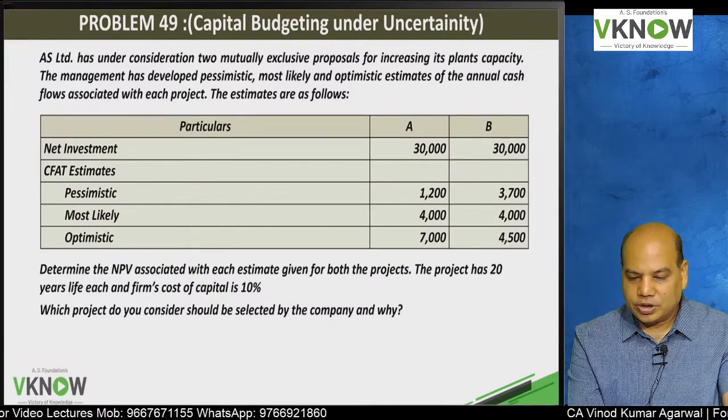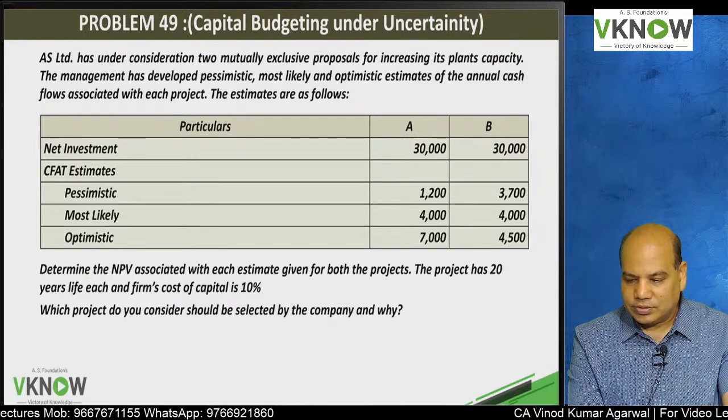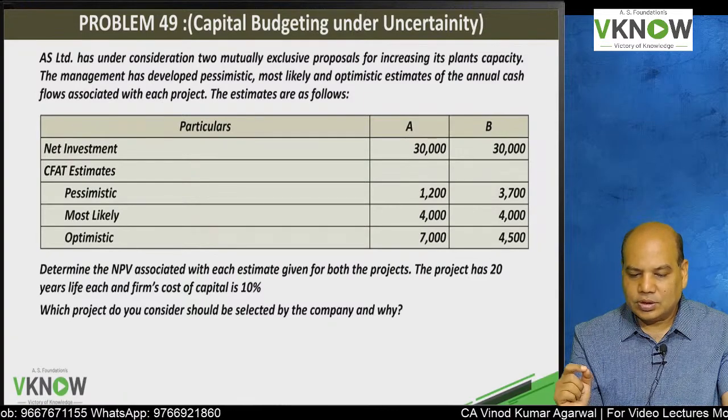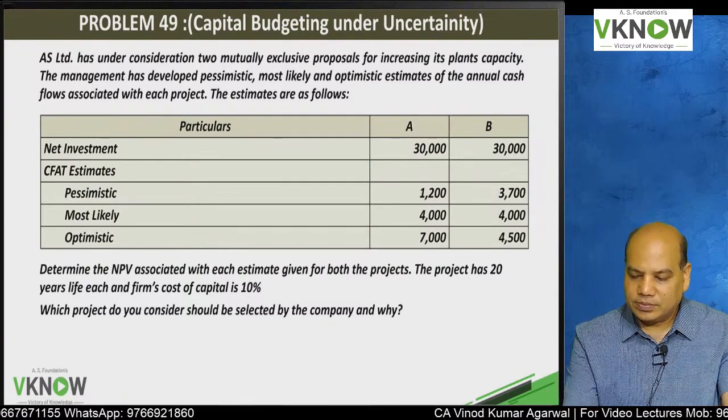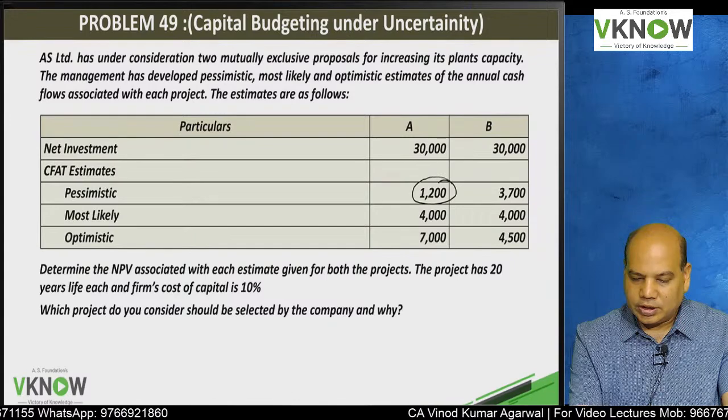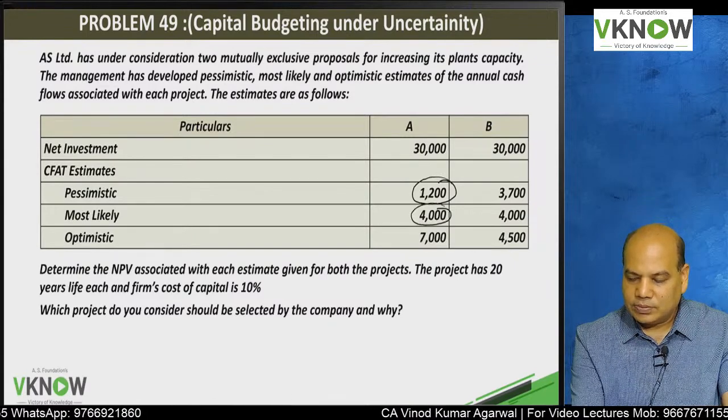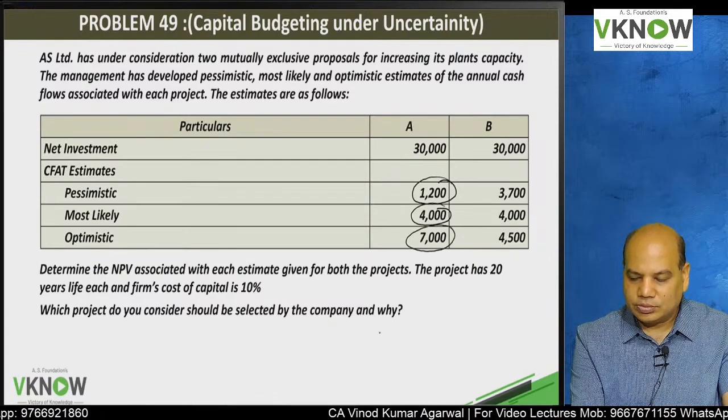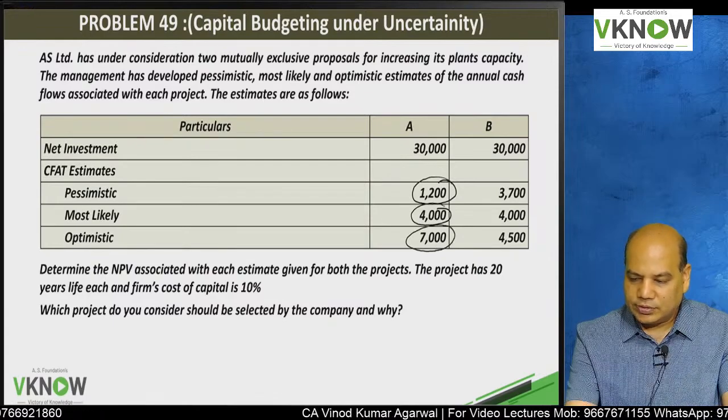In case of project A, net investment is 30,000. If cash flow estimates are pessimistic, you will get 1200. Most likely you will get 4000, and in optimistic scenario you will get 7,000.